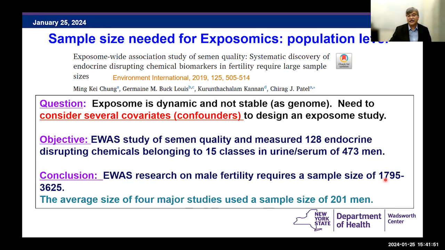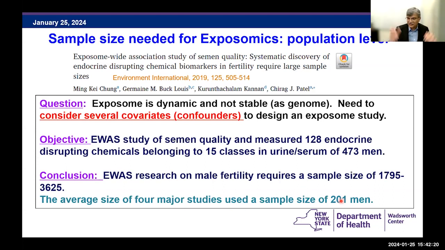So we found that a sample size of 1,795 to 3,225 samples is needed if we have to conduct an exposome-wide study to assess exposure to semen quality parameters. But if you look at most of the studies looking at chemical exposure and semen quality, the maximum sample size is 201. So you're not going to come up with a confirmatory study.